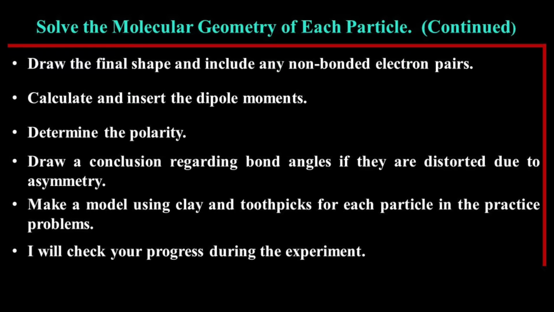Draw the final shape and include any non-bonded electron pairs. Calculate and insert the dipole moments. Determine the polarity. Draw a conclusion regarding bond angles if they are distorted due to asymmetry.